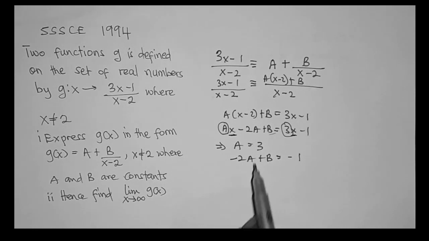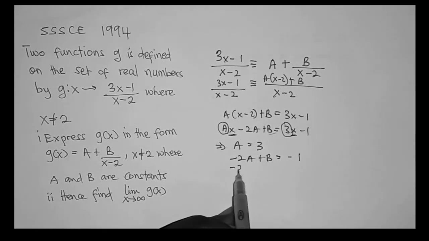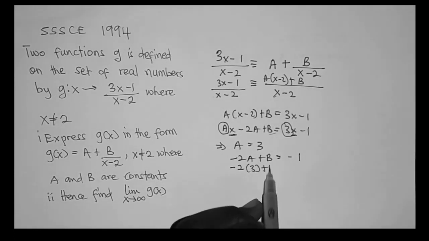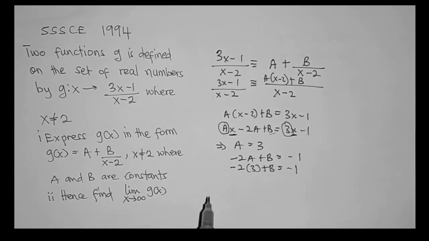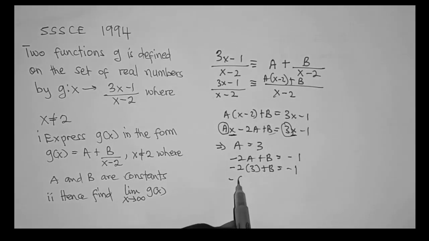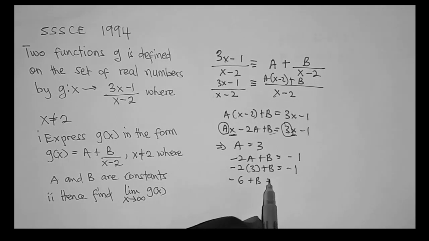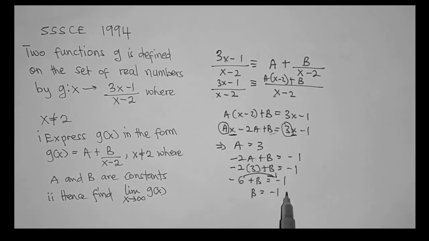But we know the value of a is 3, so minus 2 times 3 plus b is equal to minus 1. So minus 6 plus b is equal to minus 1. So b is equal to minus 1, then minus 6 becomes plus 6. And therefore b is equal to 5.